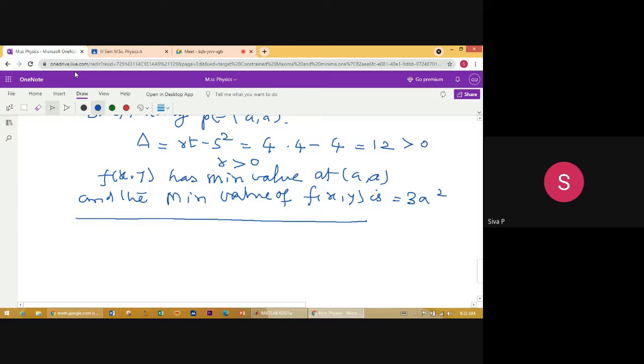That is the first method: replacing one variable by substituting z equals 3a minus x minus y, then omitting one variable, we can find the maximum or minimum value. Next one is a problem in Lagrange's method of multipliers.